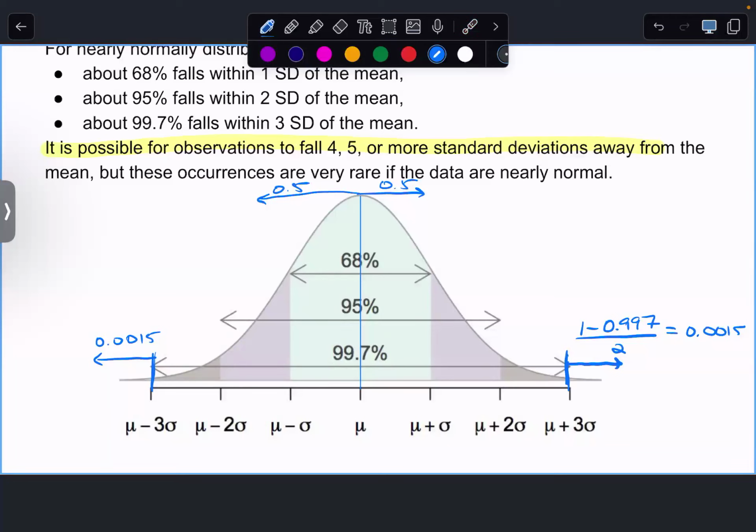Let's say you find Z is, as an example, 1.7. What's the probability in the tail?